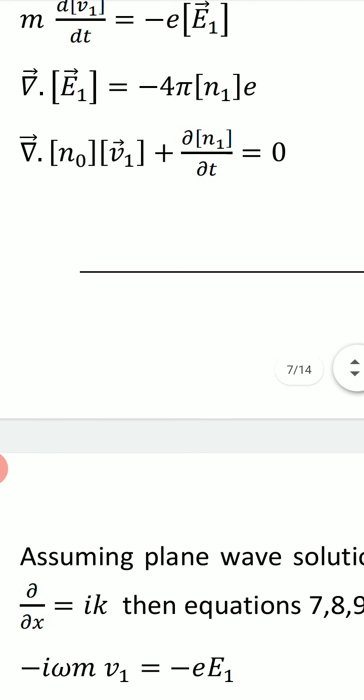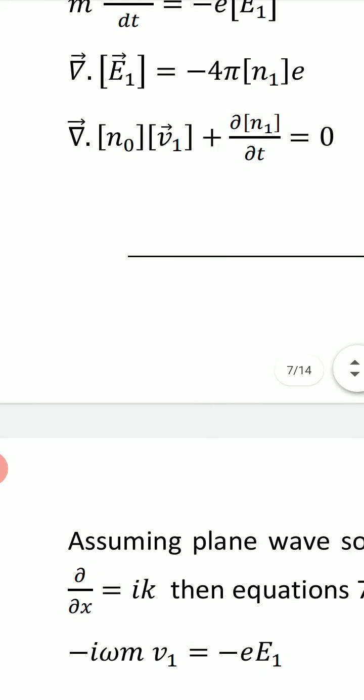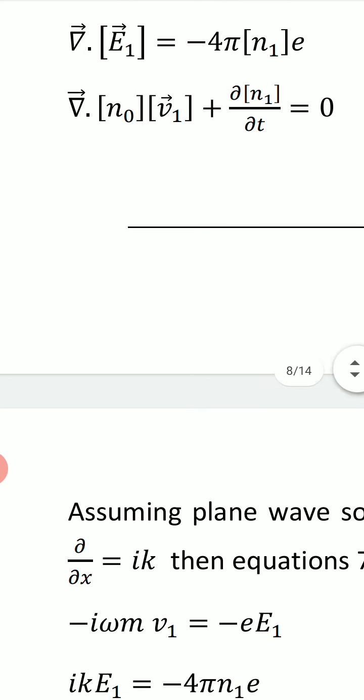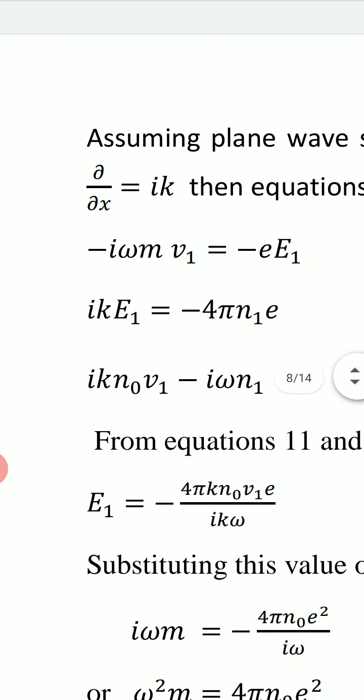In equation 8 we have del vector dot E1 vector, and the del vector contains three components: delta upon delta x, delta upon delta y, delta upon delta z. And this delta upon delta x differentiation is equal to ik.